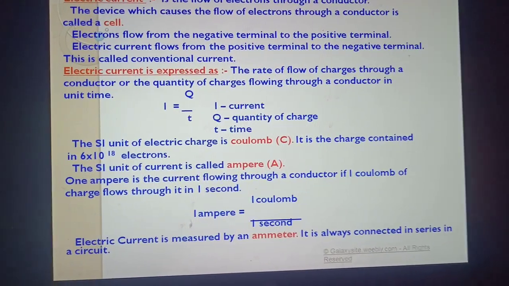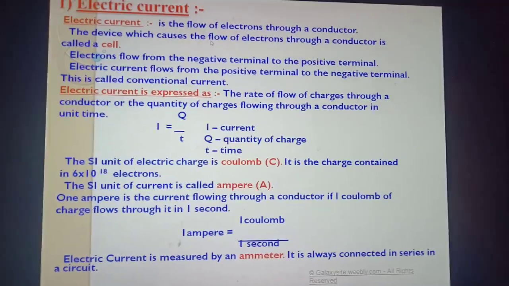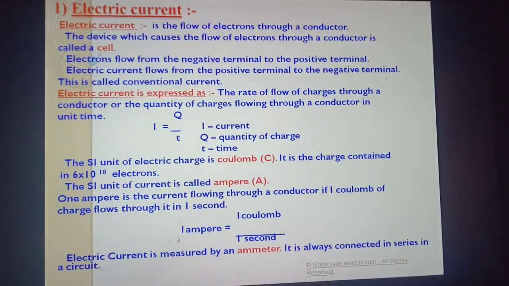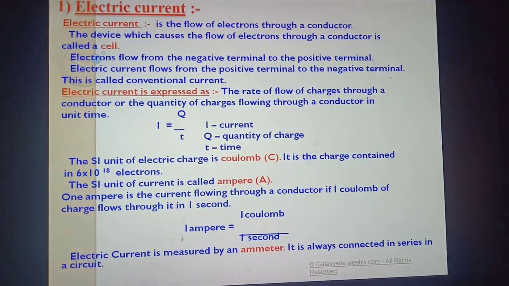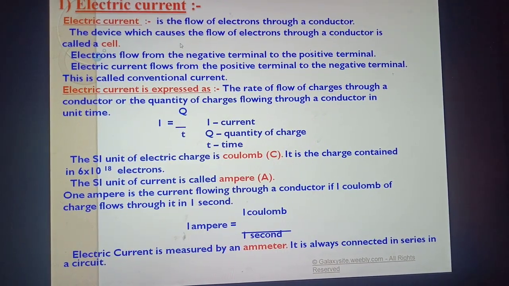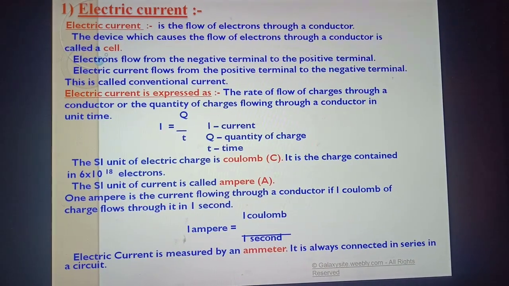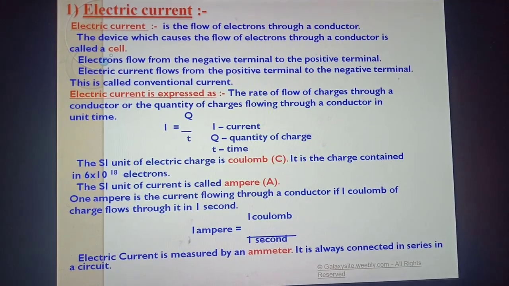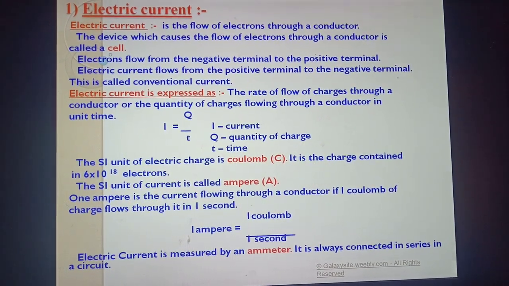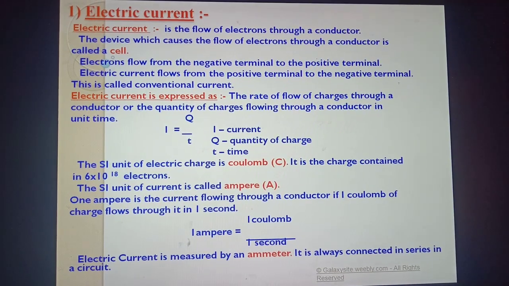Here we can see the flow of electrons per unit time. The flow of electrons through a conductor is also known as the current. As we know, the current is only the flow of electrons. Now the source from which the electrons are flowing is called the cell.